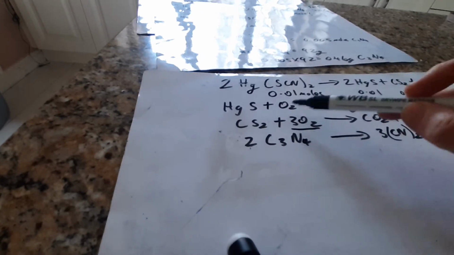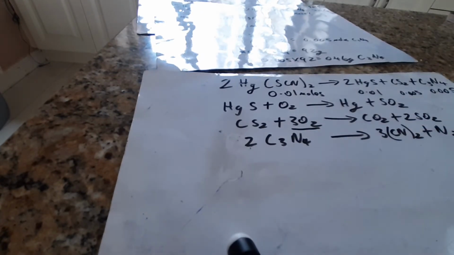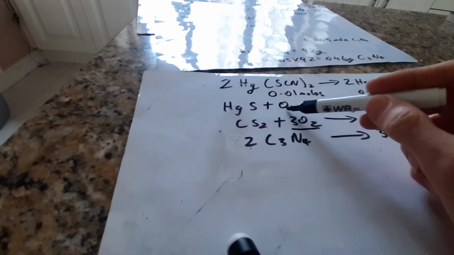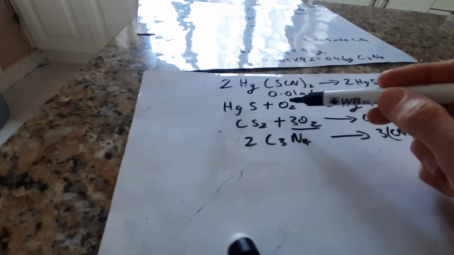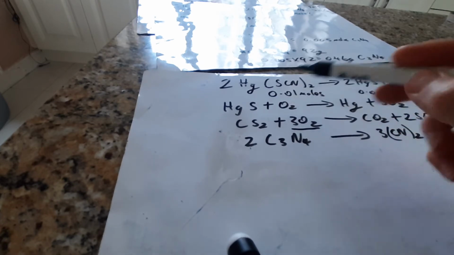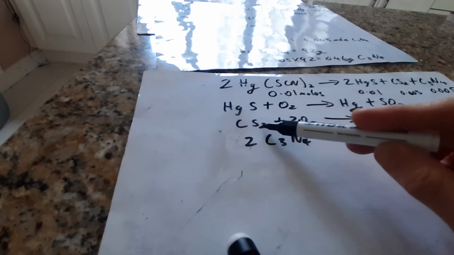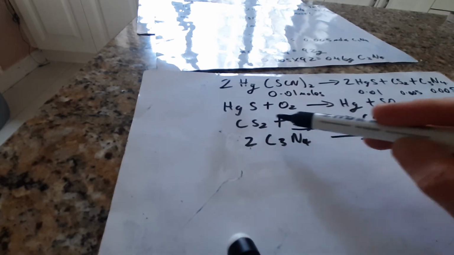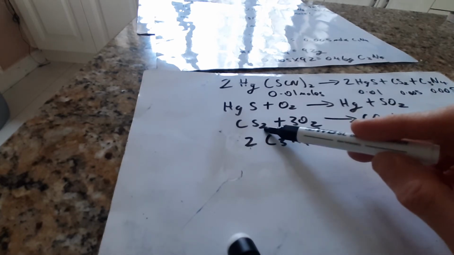So we're going to use these equations now to work out, first of all, how many litres of oxygen gas measured at STP are required for the complete combustion of CS2. So we're using this second equation here, and we're working out how many moles of oxygen are needed to burn all of that. So the first question is, how much of this was actually produced?